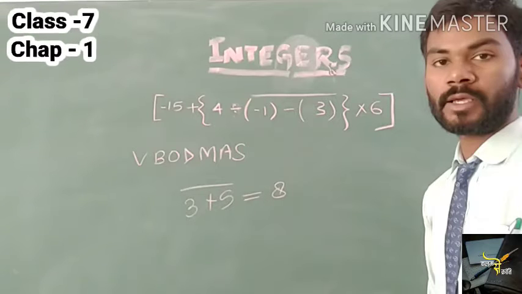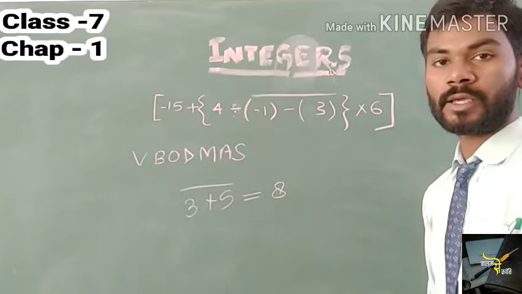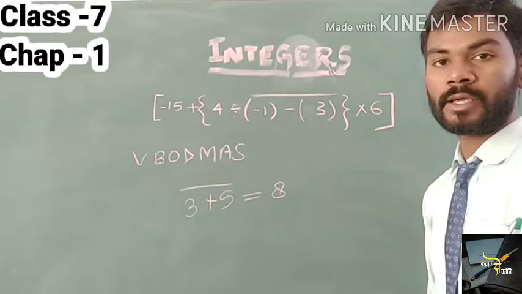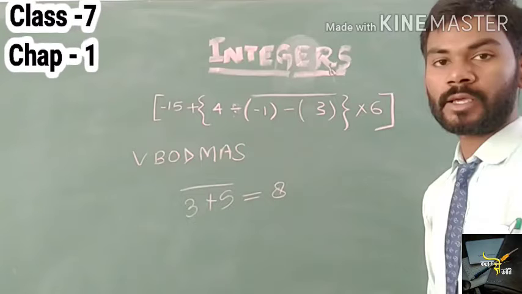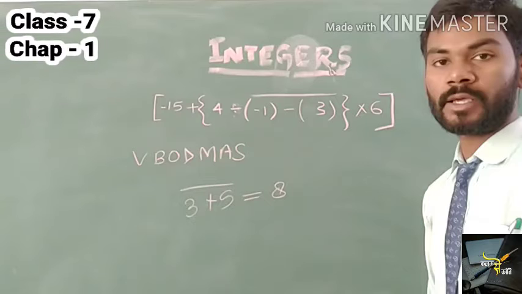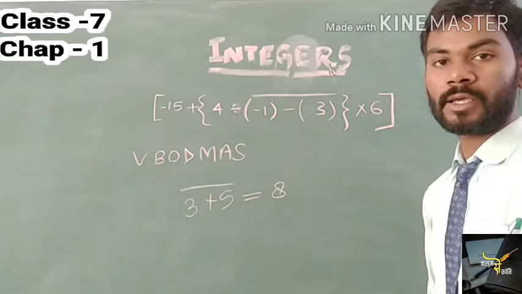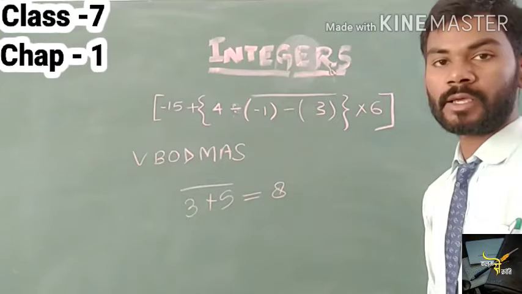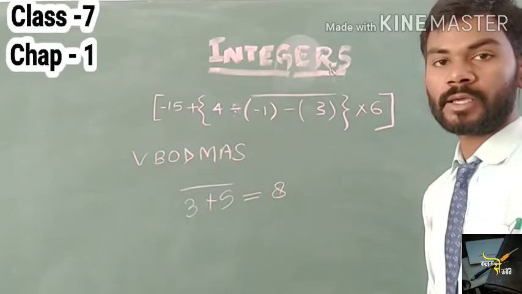So we have -15 plus 4 divided over, and here both integers have the same sign, therefore they will be added and we get minus 4, multiplied by 6, like this.